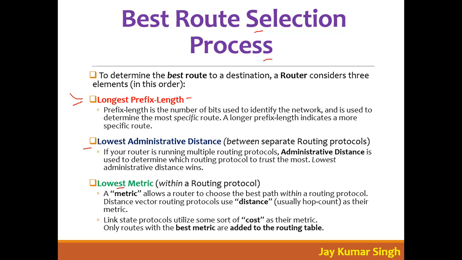A metric allows a router to choose the best path within a routing protocol. In a distance vector routing protocol they use distance, in a link state routing protocol they use cost, and in a hybrid routing protocol they use hop count and cost both. You can say metric.